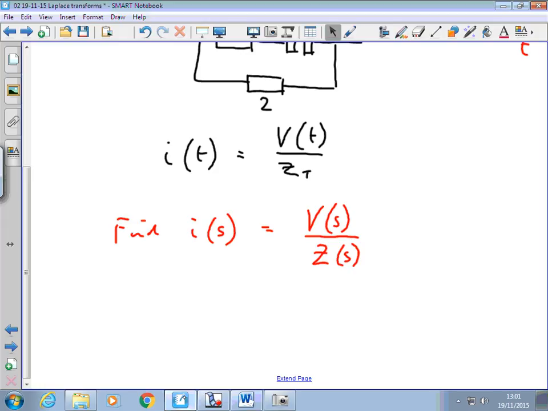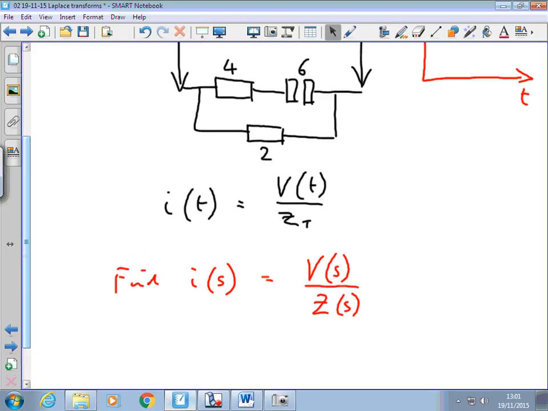So that's the plan. First step, what's the voltage? What's the transform for the voltage? Step voltage. Second, what's the transform for the total resistance of the circuit? So we've got a resistor and a capacitor in series, but they are in parallel with another 2 ohm resistor. So let's see what we end up with.